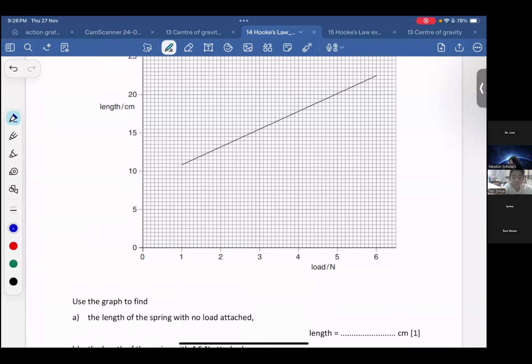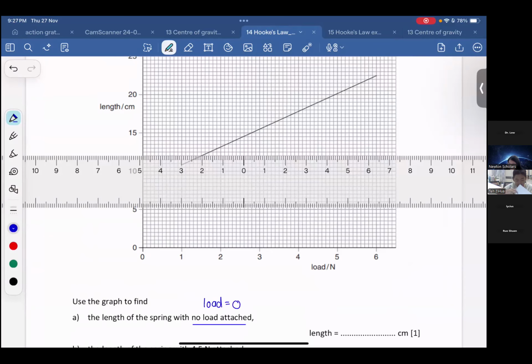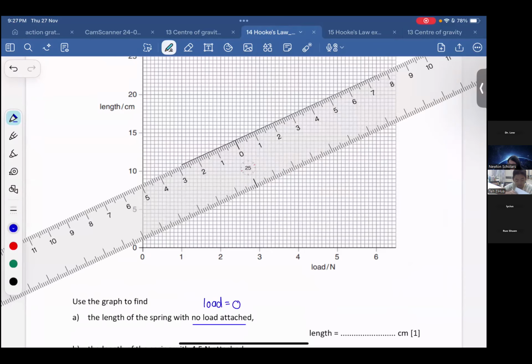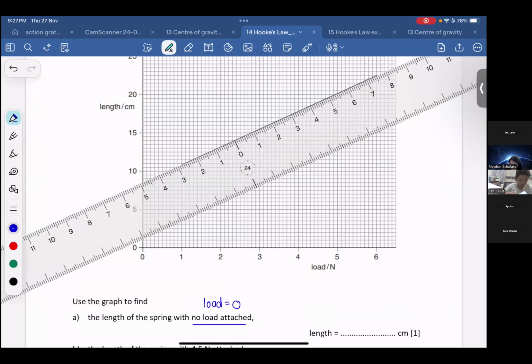Teacher, I don't know. When no load. No load attached, that means the load is 0. When load is 0, what is your length? Zihua correct. So dear, you should put your ruler like this. You should put your ruler along the line. Okay. Then after that, you draw the line. Continue, draw the line.